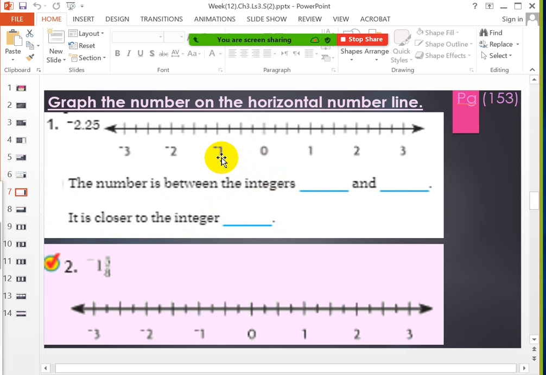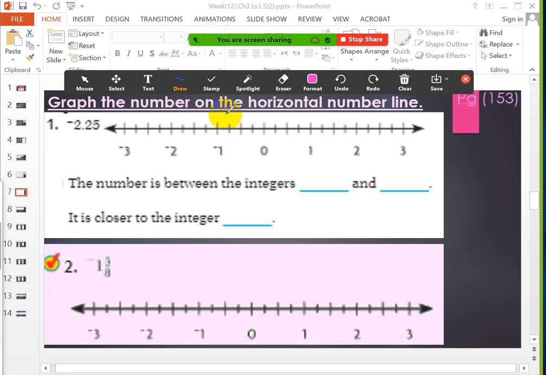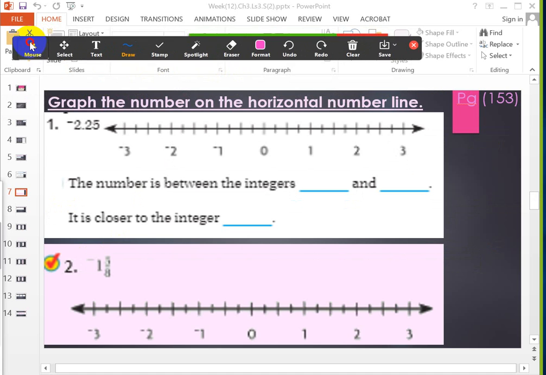So let's start today to locate the numbers on the number line. The first number is negative 2.25. This is a decimal number, of course, so that means this is a rational number.